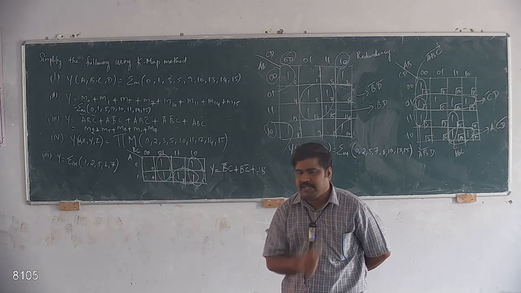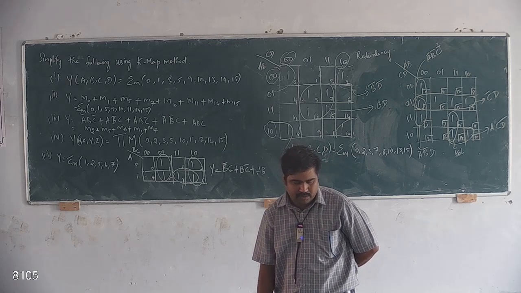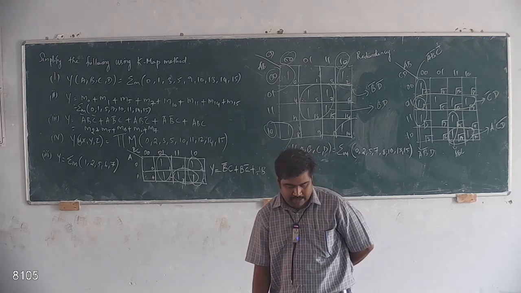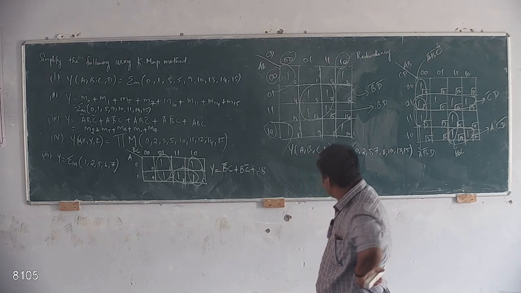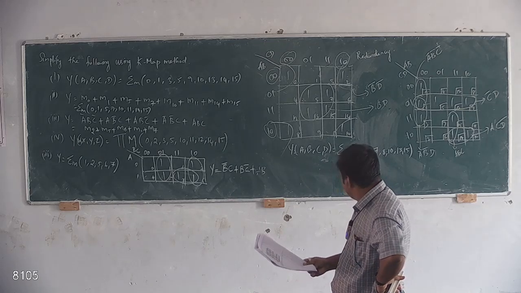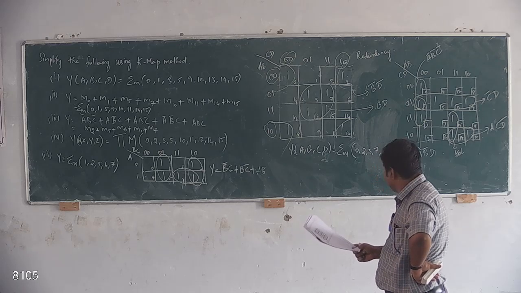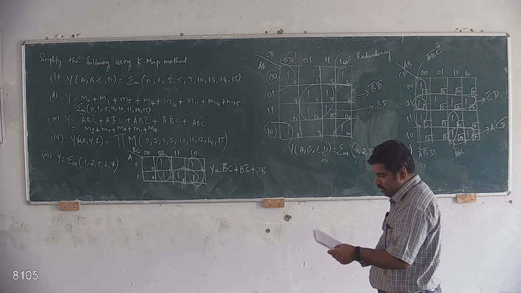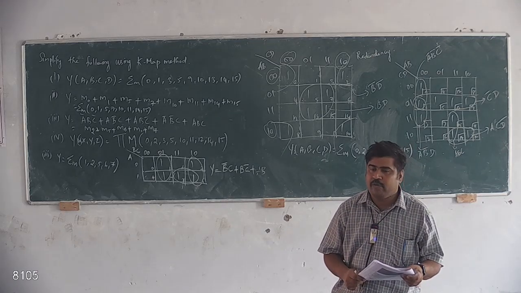F of A comma B comma C comma D equal to 0 1 0 comma, write down the values.